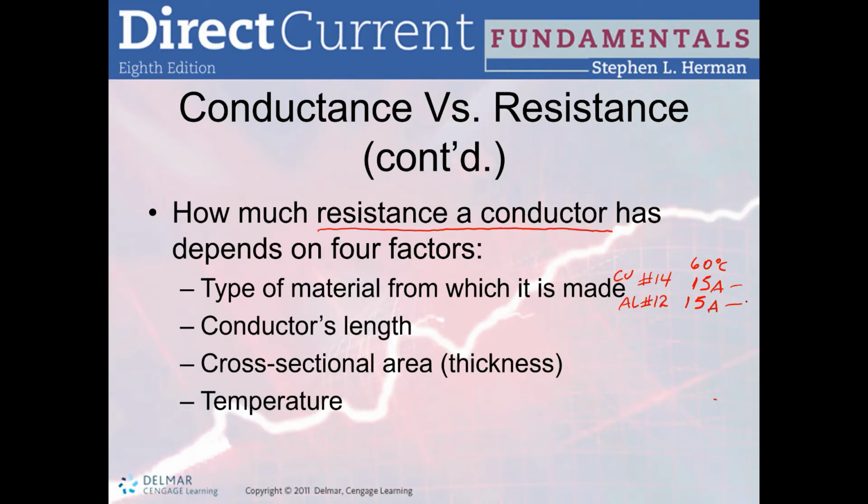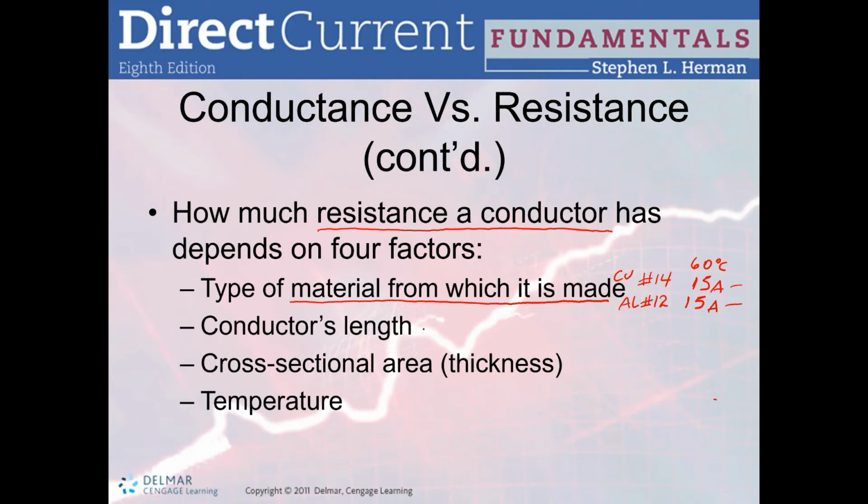And we're going to be surprised because copper has only 1 valence electron, while aluminum has 3 valence electrons. And I only said that to emphasize the fact that the type of material is going to determine how much resistivity we have in the conductor.